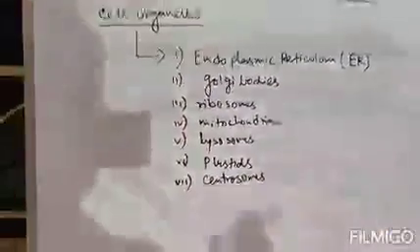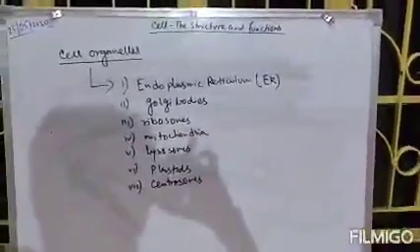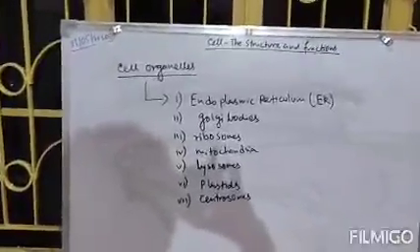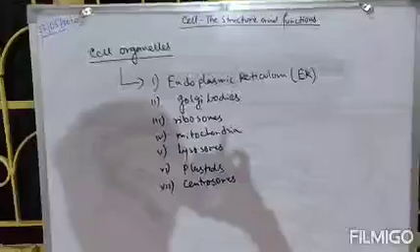So these are the seven cell organelles present in the cytoplasm. These seven organelles are very small, that's why they are not even detected by a microscope. A high powered or high magnification microscope is required to detect these substances.